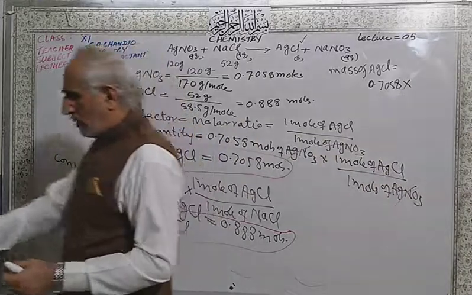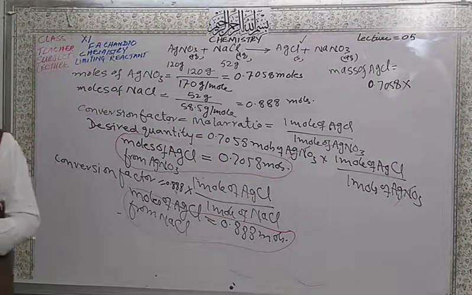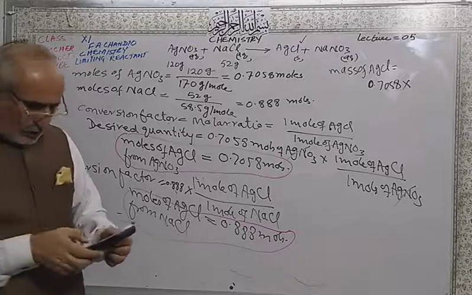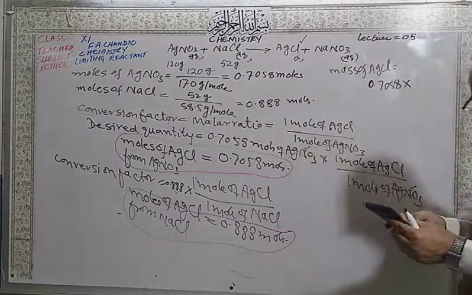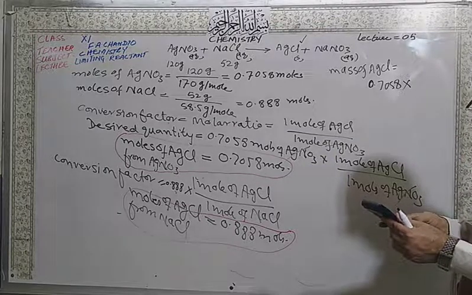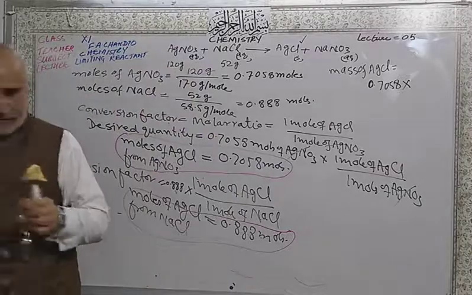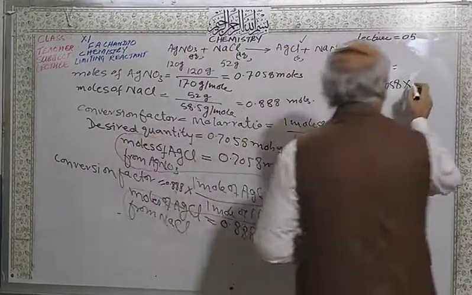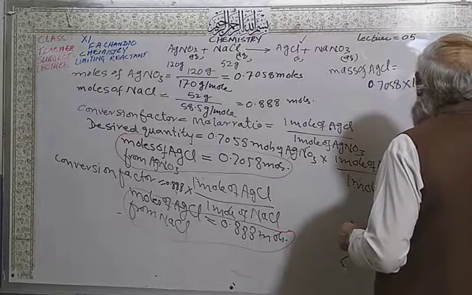Calculate the molar mass: 108 for silver plus chlorine 35.5, the answer comes 143.5. 143.5 is the molar mass of silver chloride.